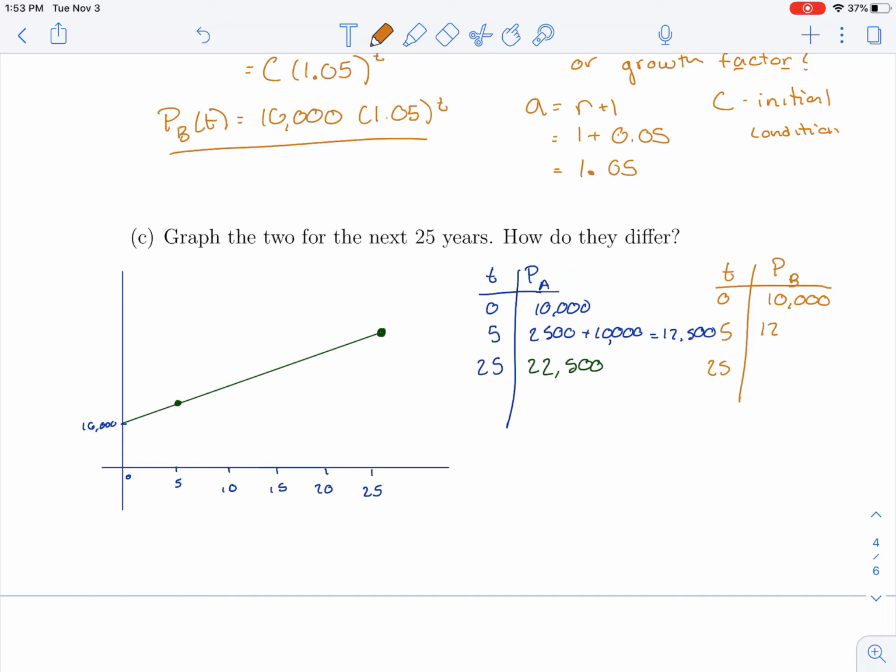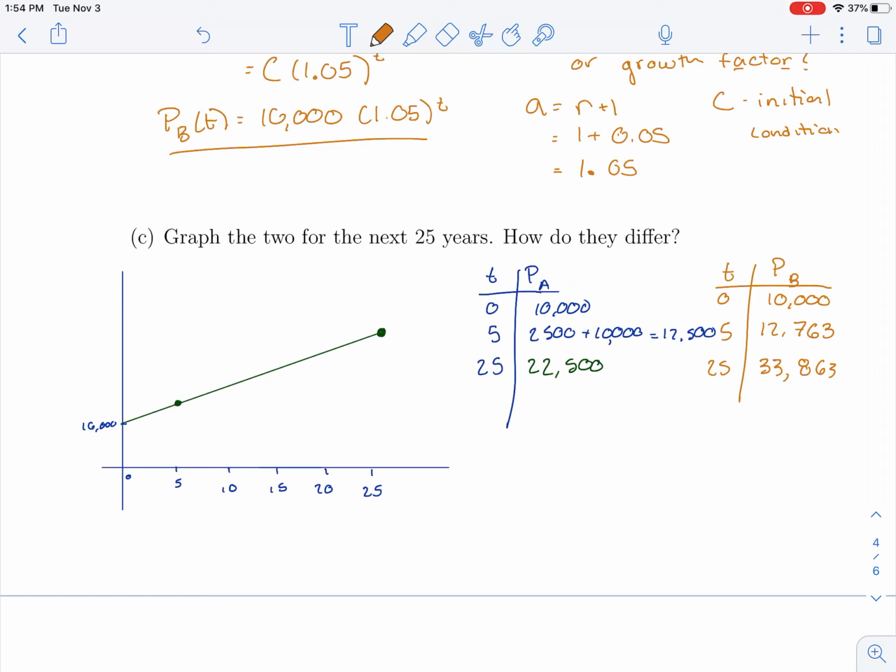That's going to give me about 12,763. I just rounded up. I just put that in my calculator. And then if we did the same thing, if I put 25 in for T, we would get 33,863.